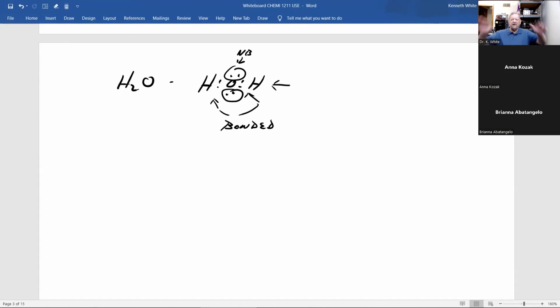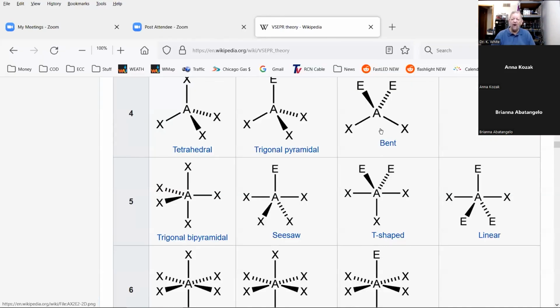Well, all four pair want to be as far apart as possible. And the way to do that is by bending. Water is not straight. Think of A in here being the oxygen, and X is our hydrogen. So water is not straight across, it's bent.